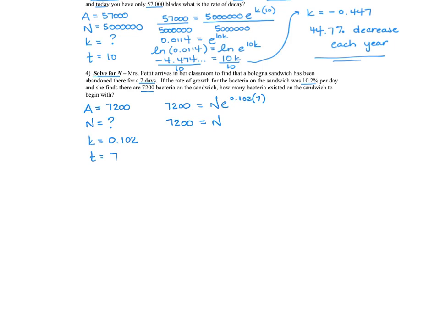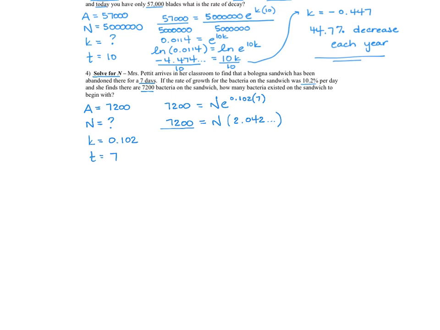It's the second function of the natural log button. And then you can just type in 0.102 times 7 in the exponential portion, and then close the parenthesis and hit enter. And you'll find that e raised to the 0.102 times 7 is 2.042, and again, more information on my calculator.